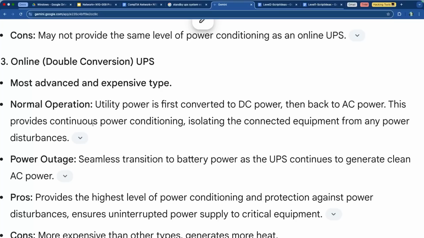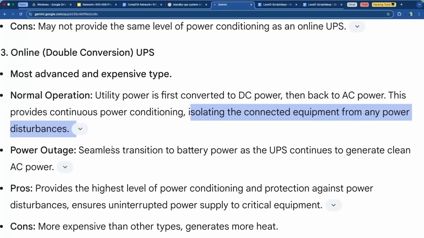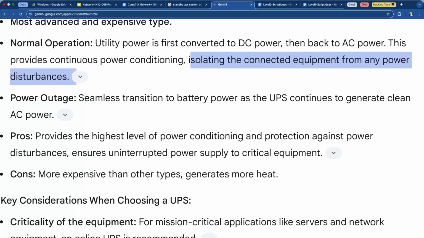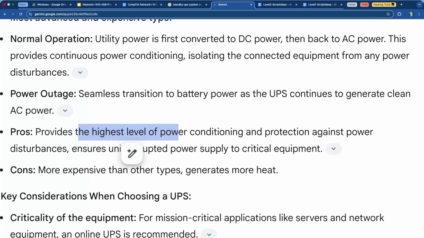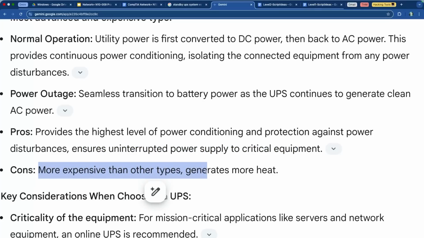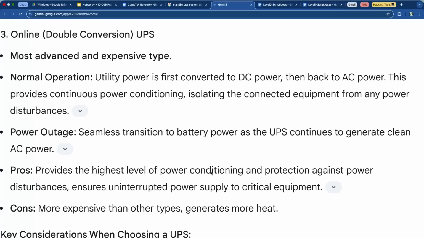This provides continuous power conditioning, isolating the connected equipment from any power disturbances, and seamless transition to battery power as the UPS continues to generate clean AC power. The pros are that it provides the highest level of power conditioning and protection against power disturbances, and it ensures uninterrupted power supply to critical equipment. Now, the cons are that it's more expensive than other types, obviously, and it actually generates more heat, which is understandable.